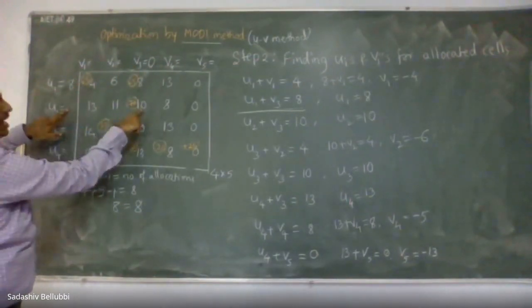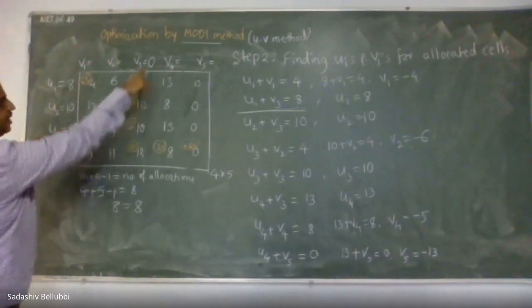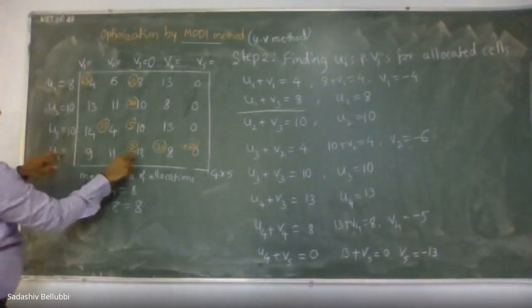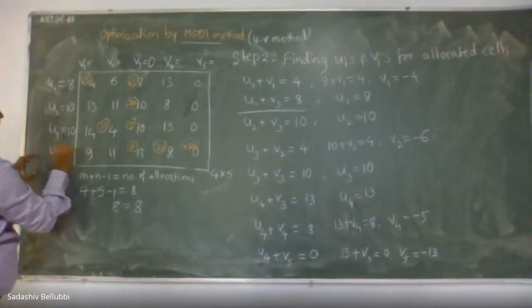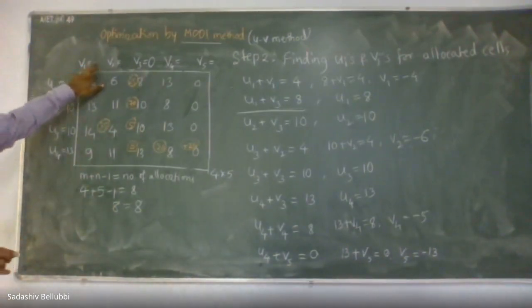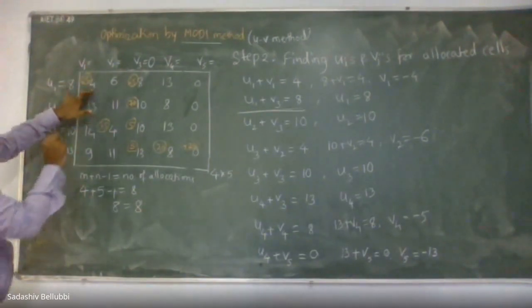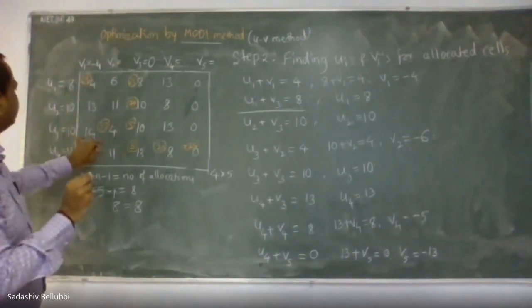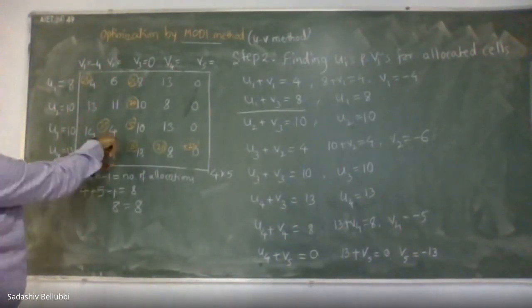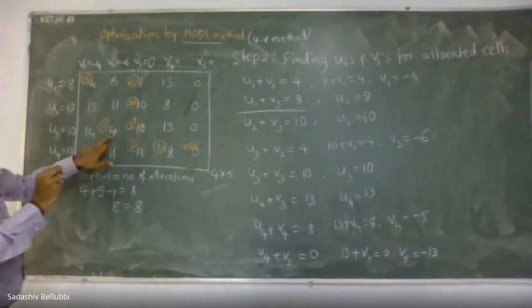For this, 10 minus 0, 10, and 13 minus 0, 13. And for writing v1, 4 minus 8, minus 4. And for this one, 4 minus 10, minus 6.